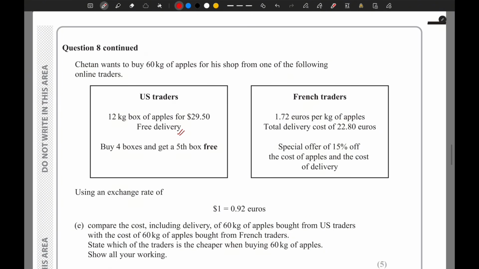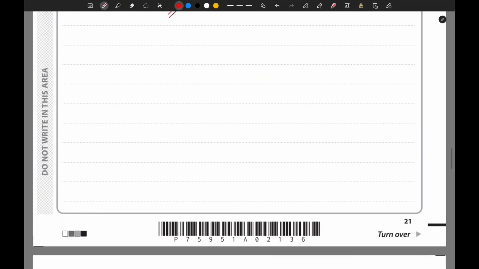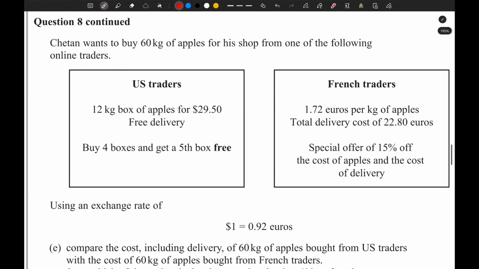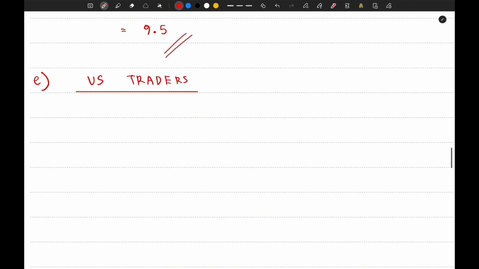All right, for 60 kilograms, let's work with the US trader first. The cost for 60 kilograms of apples: 12 kilograms cost $29.5.